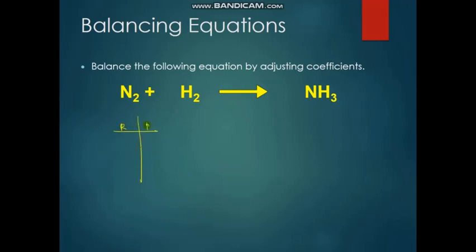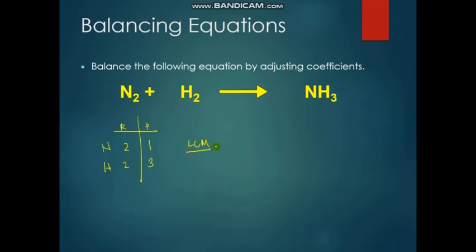Reactant, product. List down the elements: nitrogen, hydrogen. How many nitrogen atoms do we have in the reactant side? 2, and 2 for hydrogen. On the other hand, we have 1 nitrogen and 3 for hydrogen in the product side. So same as the previous example, we are going to get the LCM first of these two numbers.